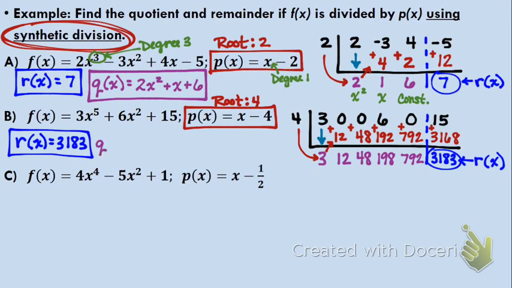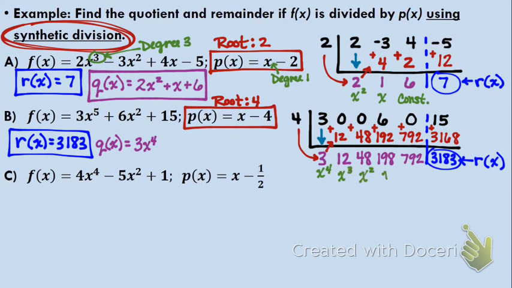What is q of x going to be? I know it has a 3. What's my power of x there? X to the 4th, because we divided it by a degree 1, so everything's going to drop 1 degree.